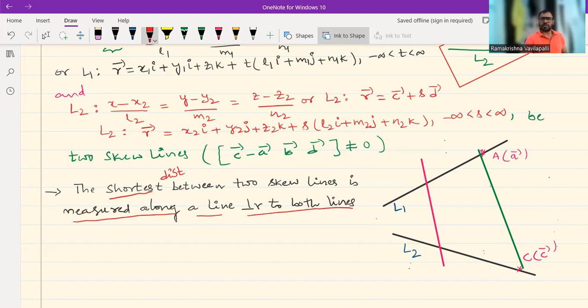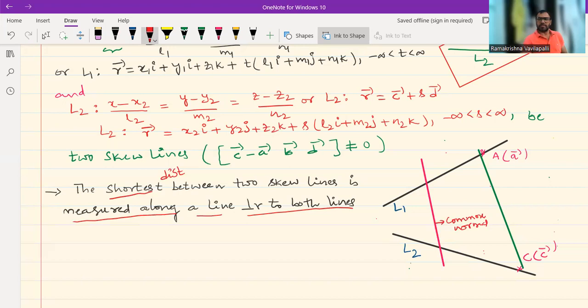Whenever you want to measure the shortest distance between two curves, you must always measure the distance along the common normal. Common normal means perpendicular to both the curves. Here, the line which is perpendicular to both L1 and L2 is the common normal to both lines.